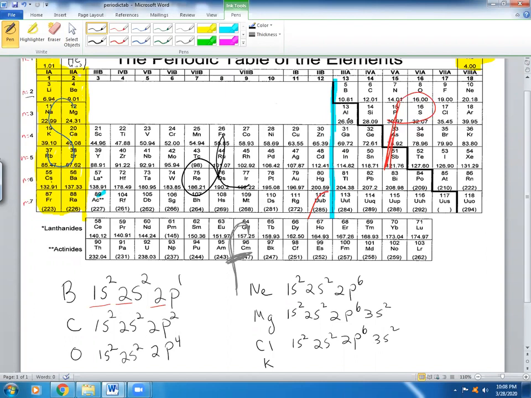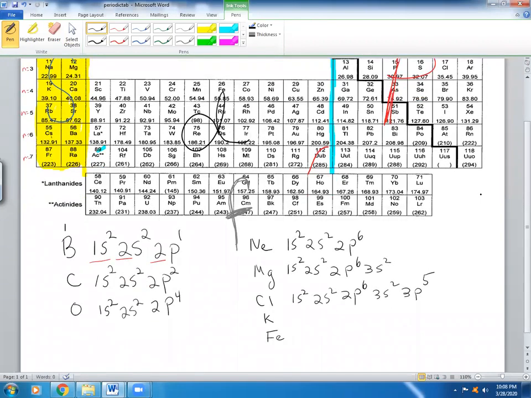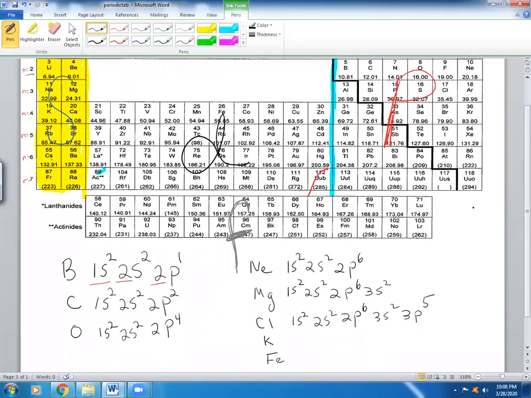This area is P, so I have 3P, 1, 2, 3, 4, 5, 3P5. Very well.